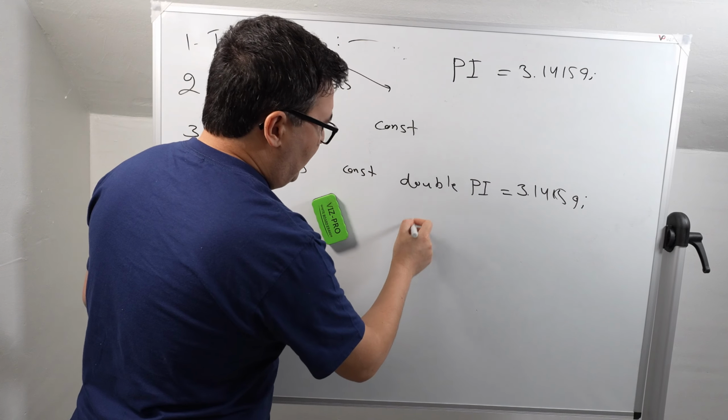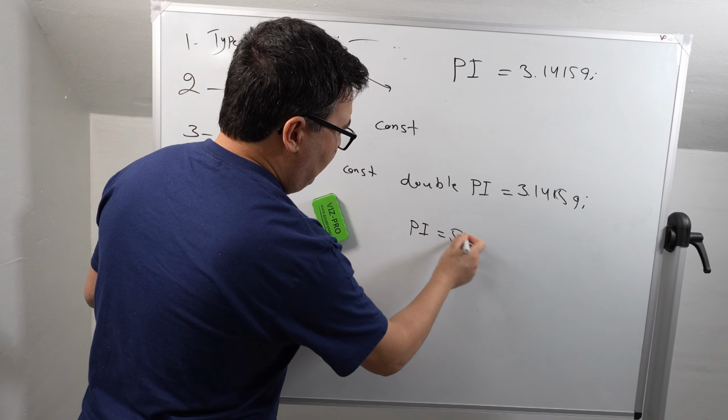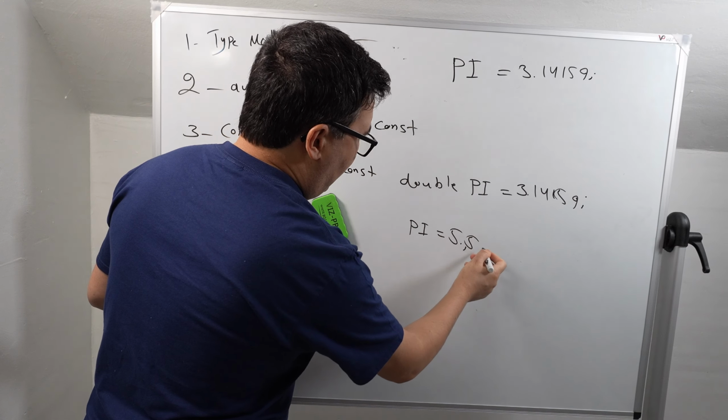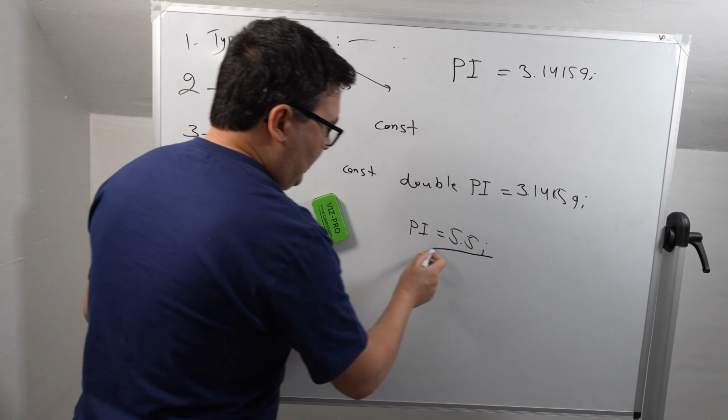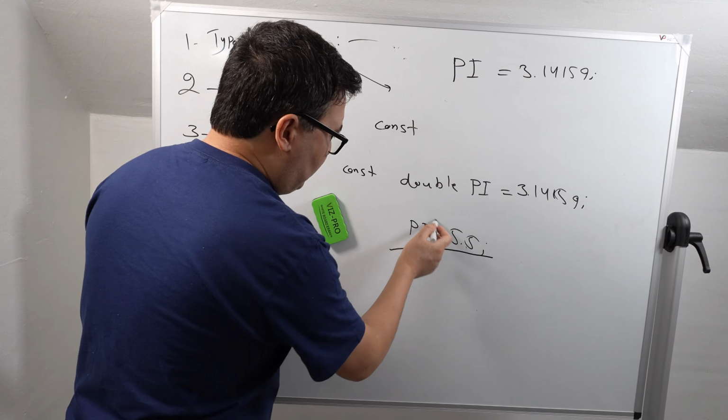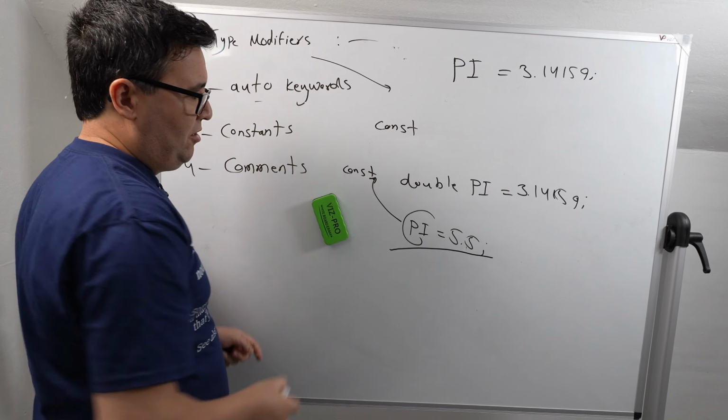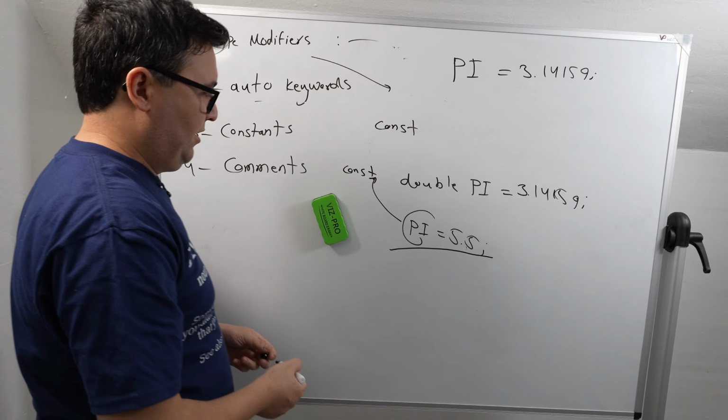Now if in another line I say pi is equal to 5.5, the compiler gives you an error. It says this pi is defined as a constant here. You cannot change the value of a constant.